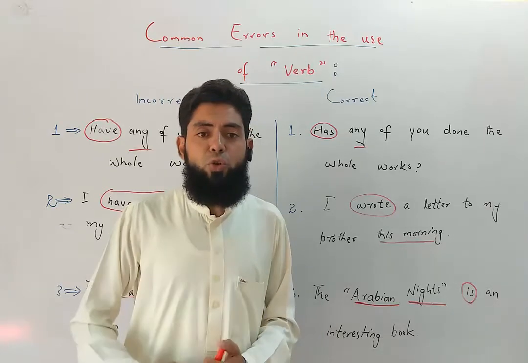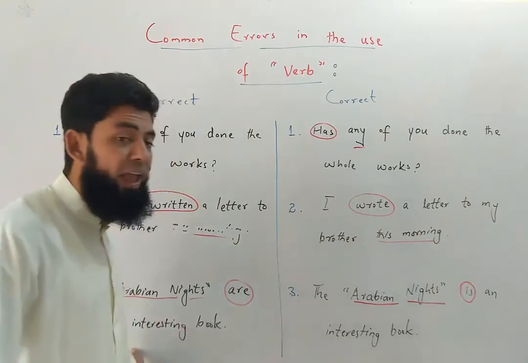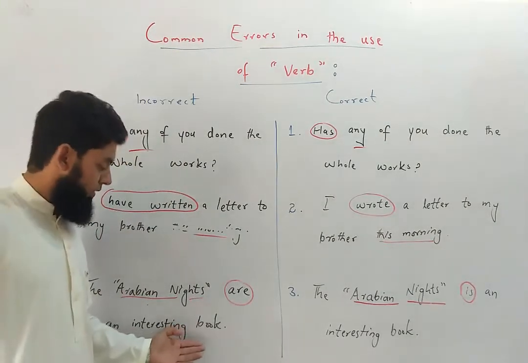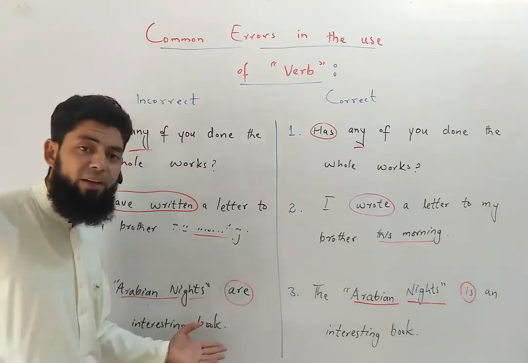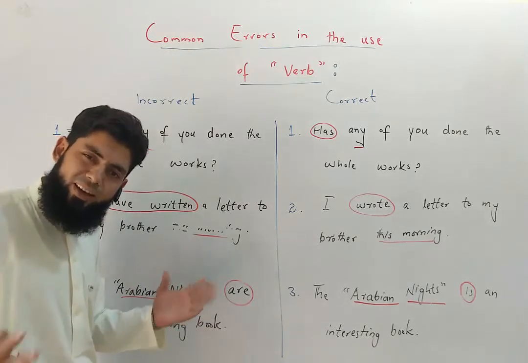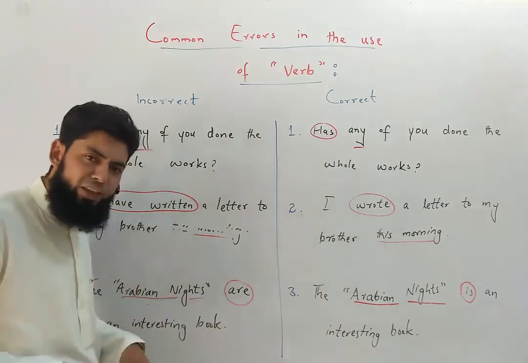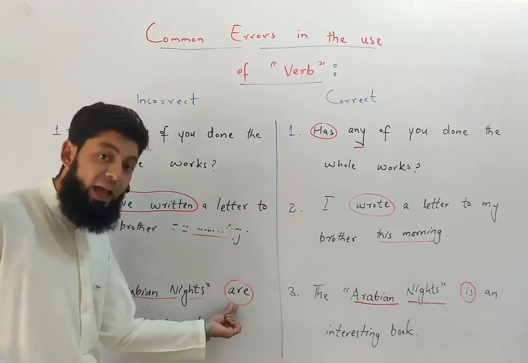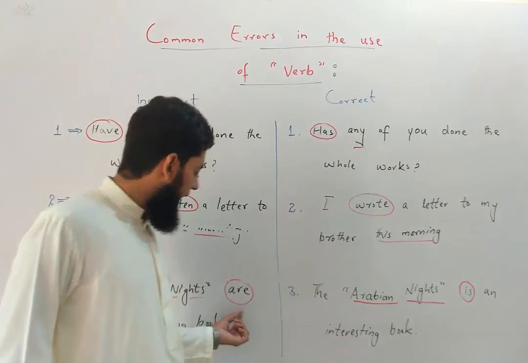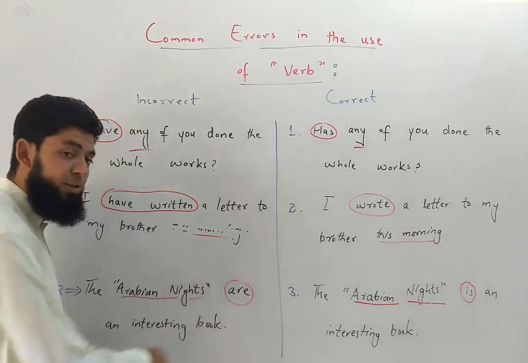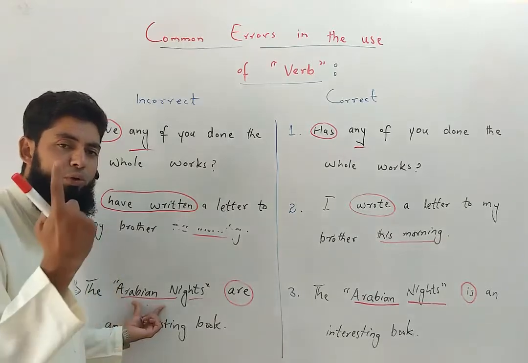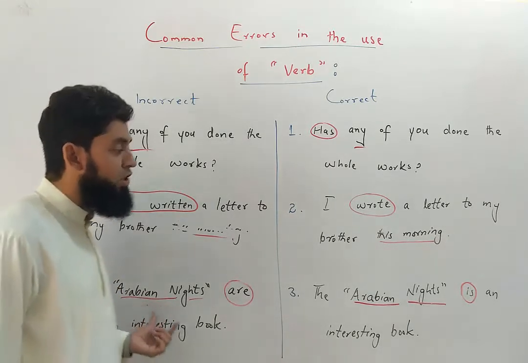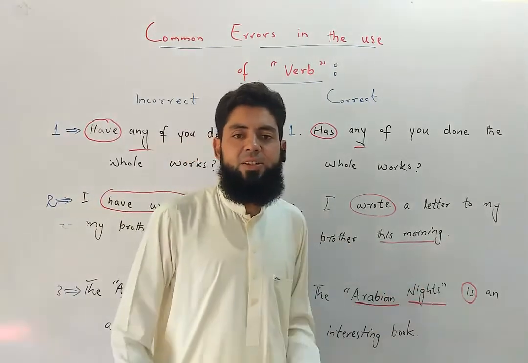As I told you, "The Arabian Nights are an interesting book" apparently looks quite correct. But if you think about it deeply, you will see that "are" is plural, but The Arabian Nights is not plural. This is only one book, used as a singular. That's why we need to put "is" instead of "are."